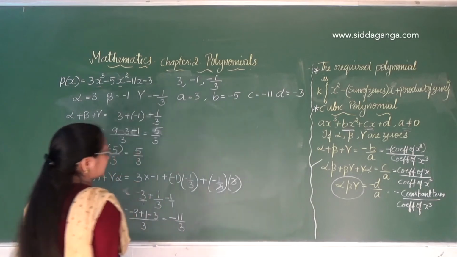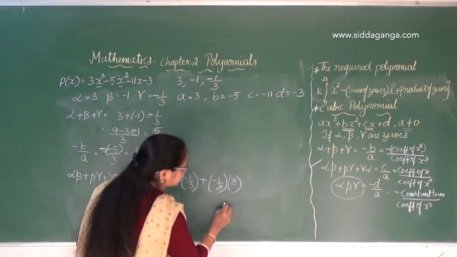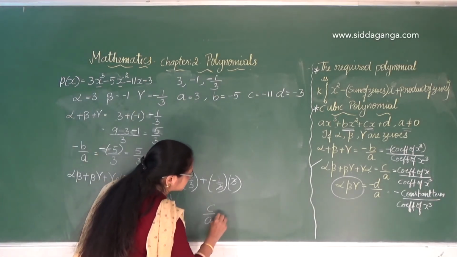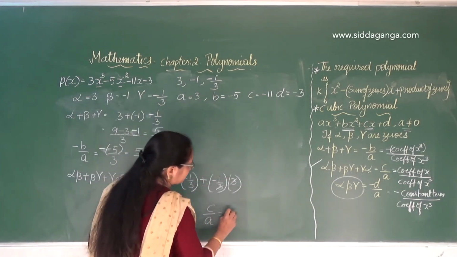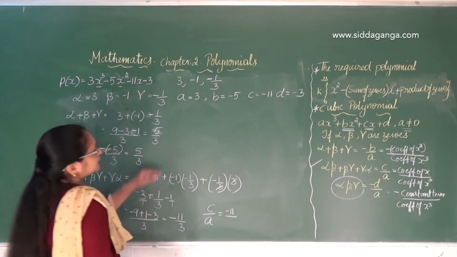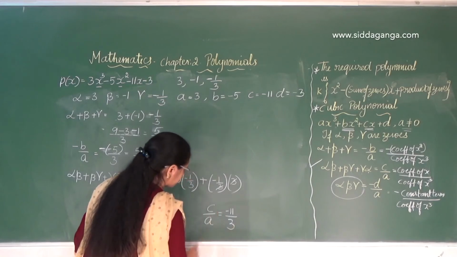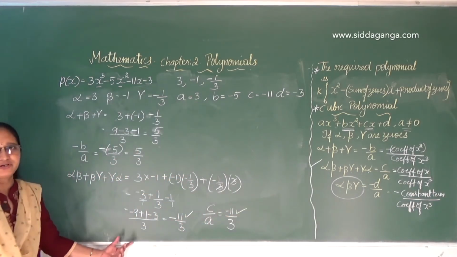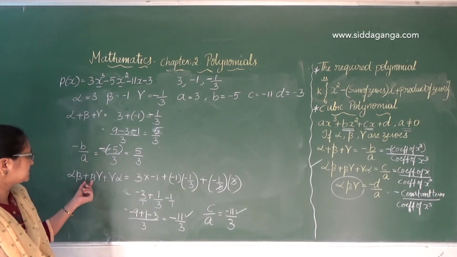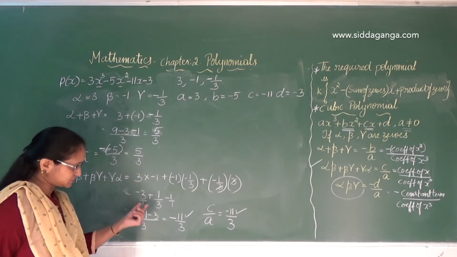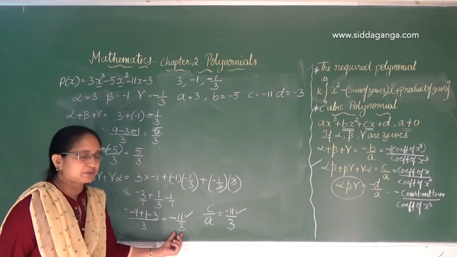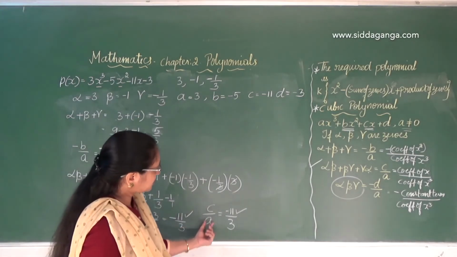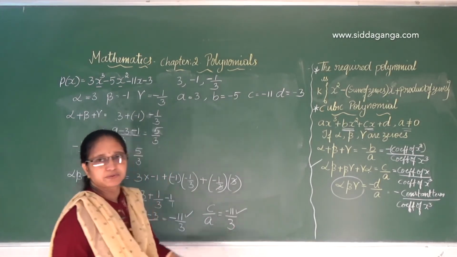C is minus 11. C by A is minus 11 by 3. Verified. Alpha beta plus beta gamma plus gamma alpha is also equal to minus 11 by 3. Same way C by A is also minus 11 by 3.